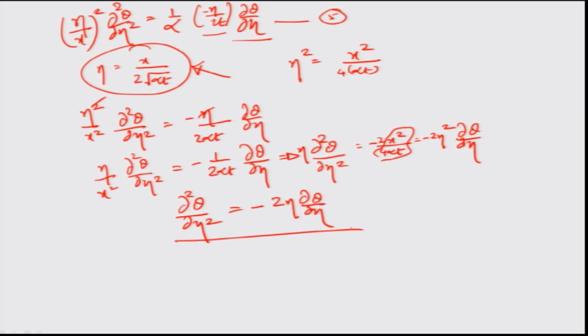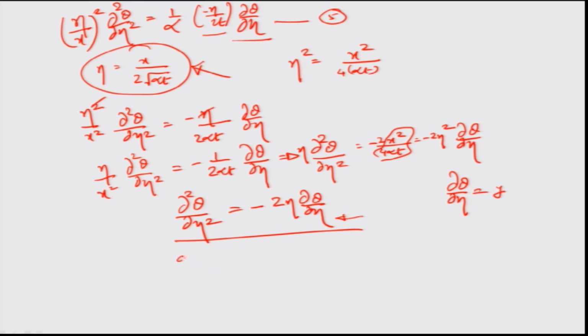So this is the ordinary differential equation with one variable, and we would like to solve it by integrating again and again. So let us say if we assume del theta by del eta to be a variable, let us say y here.